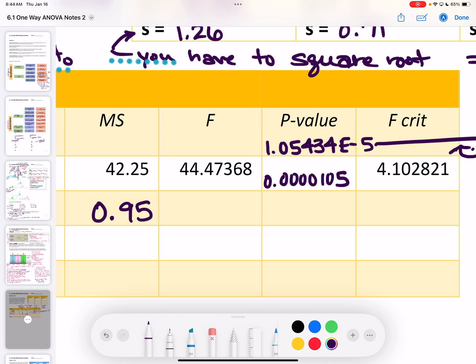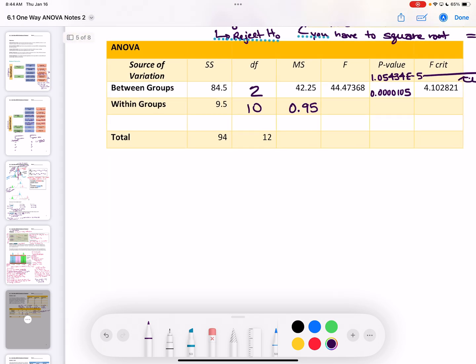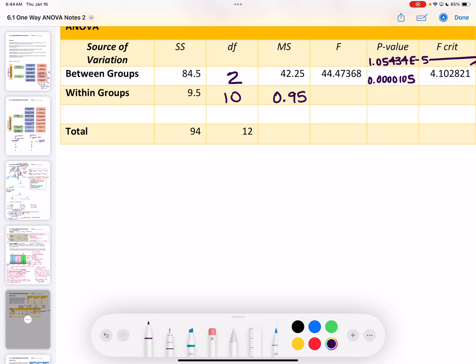So for these, we always set up our null and alternate, our conditions, right? Okay. So for this one, I'm going to say that the null is that the average for the 68 degree group is equal to the average for the 72 degree group, which is equal to the average of the 76 degree group.